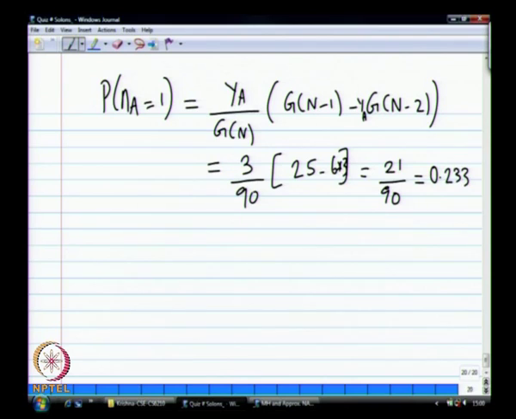So therefore exactly one customer is that, and then we can pretty much do this painstakingly for Na equals 0, which we want to compute now.